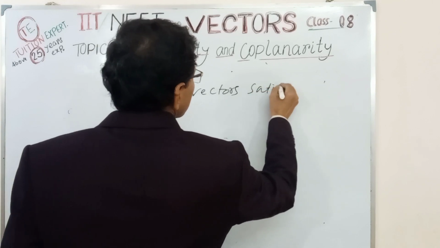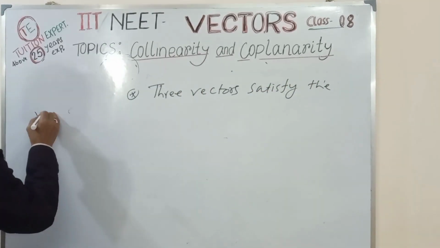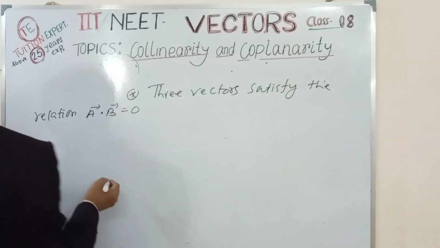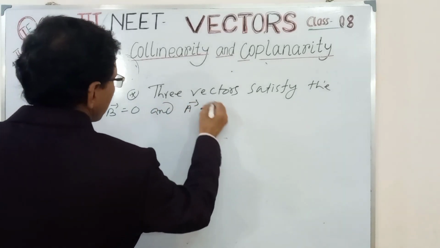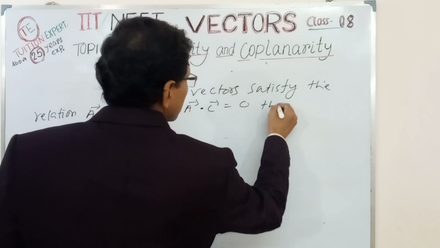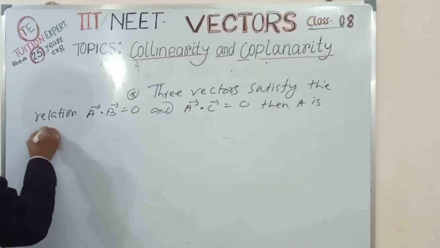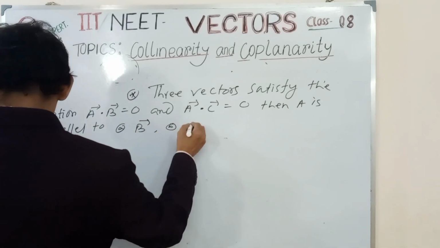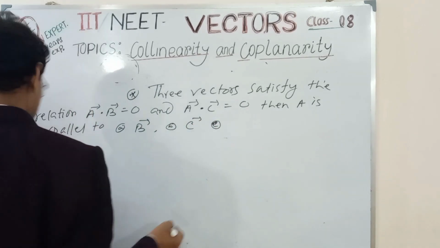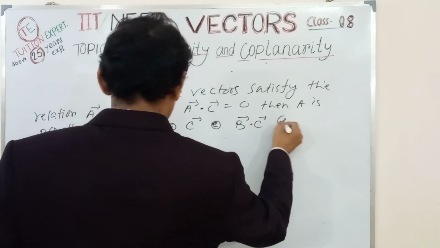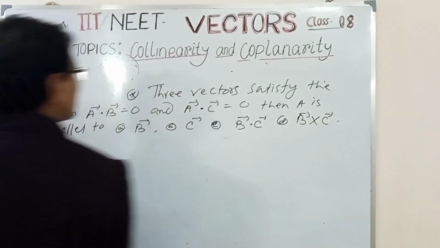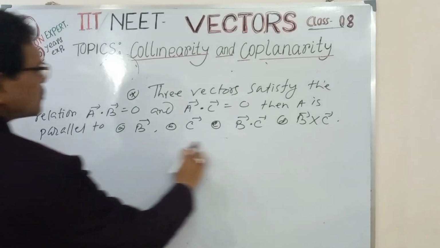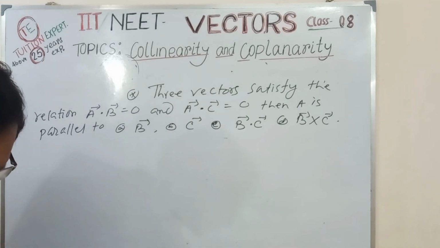Three vectors satisfy the relation A dot B equal to 0 and A dot C equal to 0, then A is parallel to which of these options?